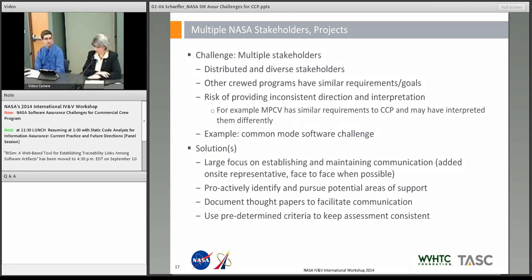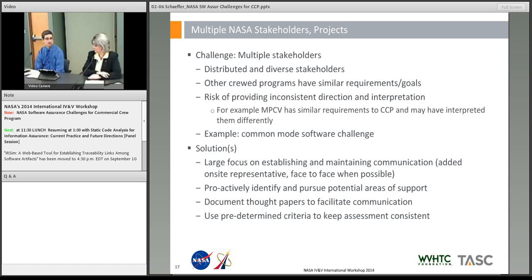So it was a big challenge to get everybody's perspectives aligned internal to NASA. And NASA, as you know, has other internal projects or programs, MPCV, SLS, and GSDO, that are working from a very similar set of requirements. So it really looks bad if NASA internally interprets requirements multiple different ways. Very big challenge to try to get everybody on the same page.